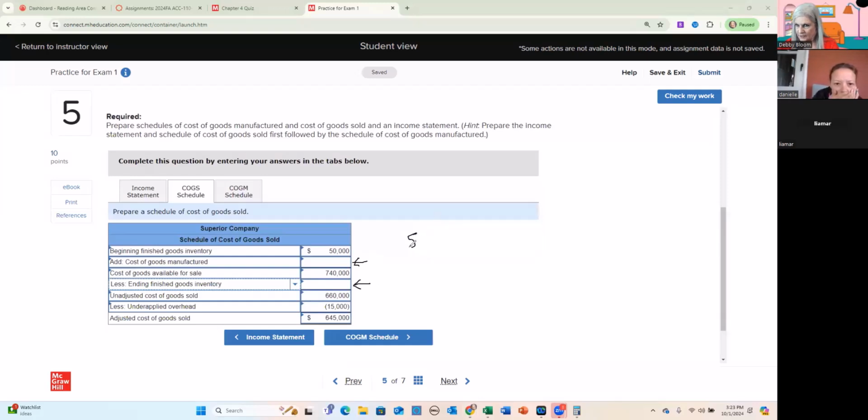So 50,000 plus cost of goods manufactured equals 740,000. So our cost of goods manufactured would equal 740,000 minus 50,000, which equals 690,000.